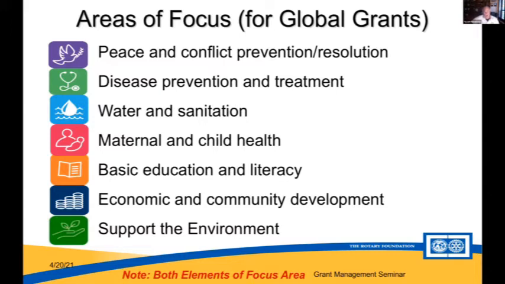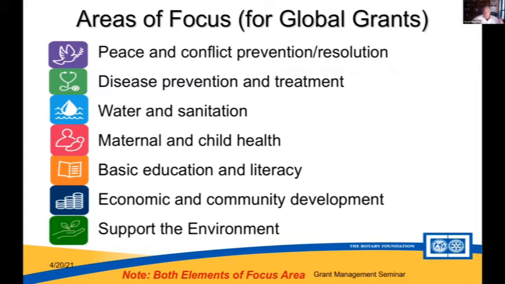The other thing that's important here is you'll notice, with the exception of the newest area of focus, there's an "and" in every one of them. There's 2 components to every one. And the expectation is that you will address in one way or another both components. When we do water projects, it's required that there be a sanitation component.